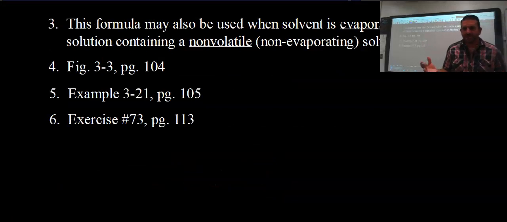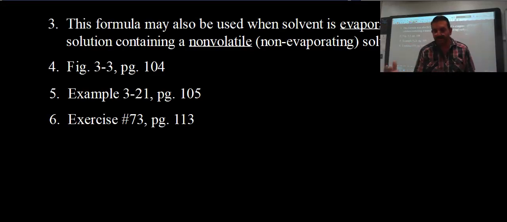You can also use this formula if you take a solution and evaporate some of the solvent from it. So in this case, if you heat up a solution and evaporate some of the solvent, the volume is going to decrease. And if the volume decreases, then the concentration will increase. Now, this only works when you heat up a solution that contains a non-volatile solute. Non-volatile means non-evaporating.